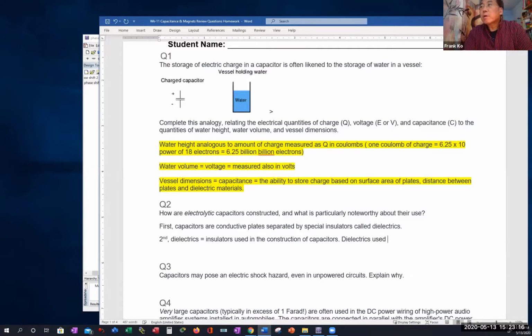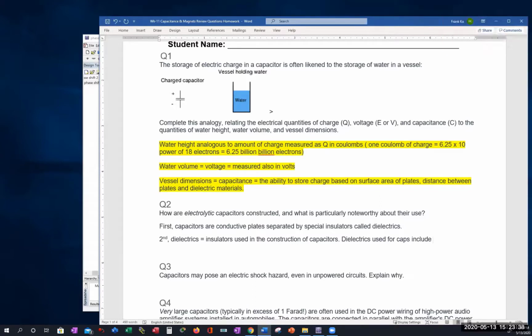used for caps include, so who remembers what they include? No, rubber is an insulator, glass is an insulator, wood is an insulator, but we don't use those materials to make capacitors. What do you recall of the materials we used to make capacitors? Paper, air.